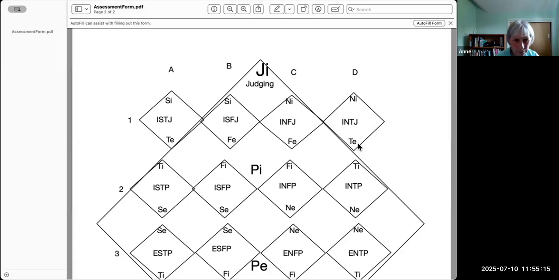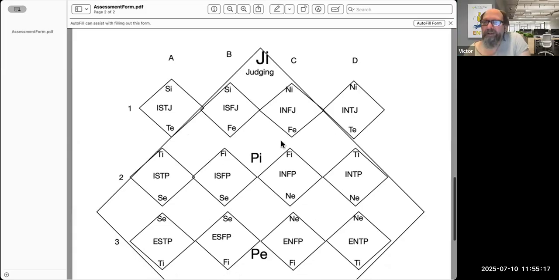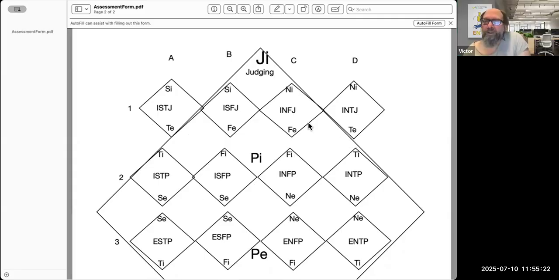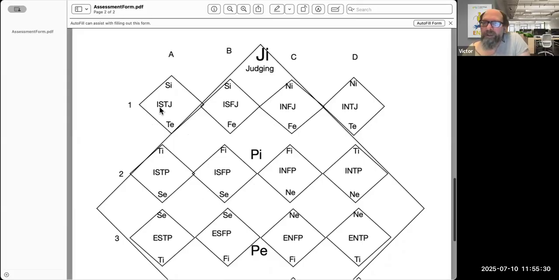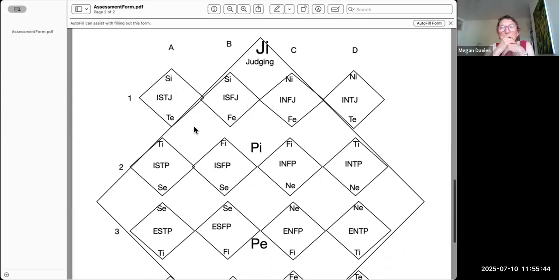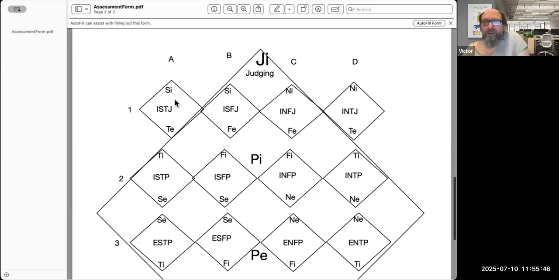The T or F. So if the rational is extrovert and the Myers Briggs type is dominant introvert, what's going to be the function that's introvert? Intuition or sensation. Yeah, intuition or sensing. The irrational.